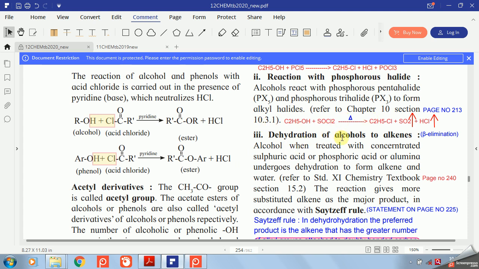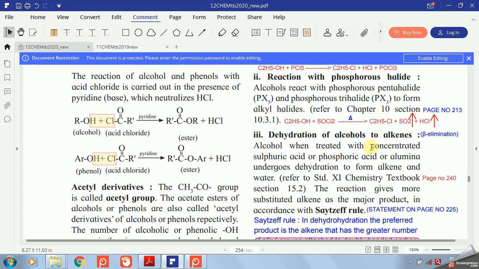Now next one is the dehydration of alcohol to alkene. So you have to remove the water from your alcohol and you have to prepare alkene. So for removal of water, you have to use a dehydrating agent, and the dehydrating agent is, so can you remember what is the dehydrating agent?